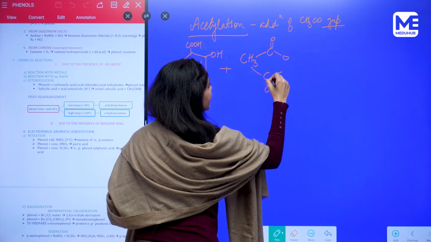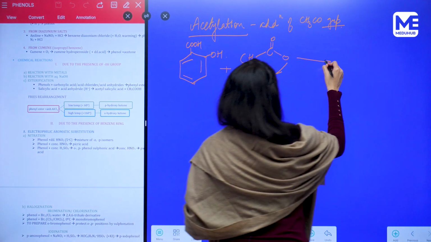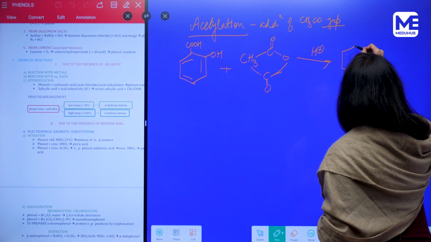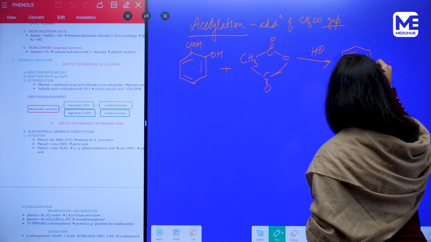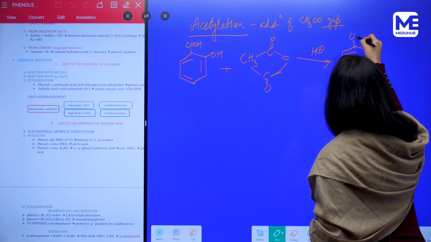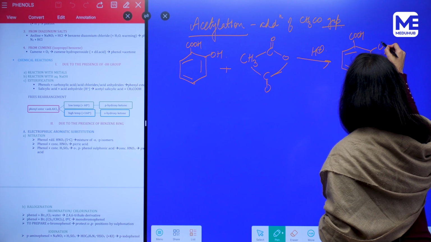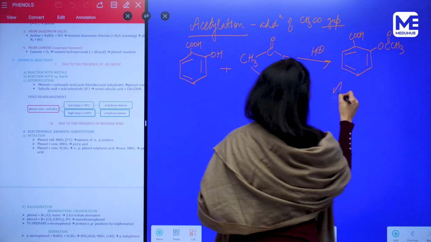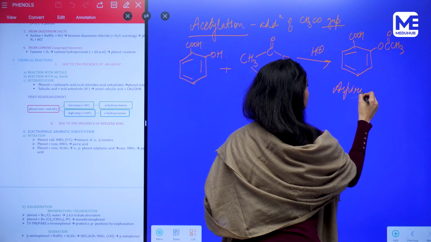This is acid anhydride. On acidification, this is also called aspirin.